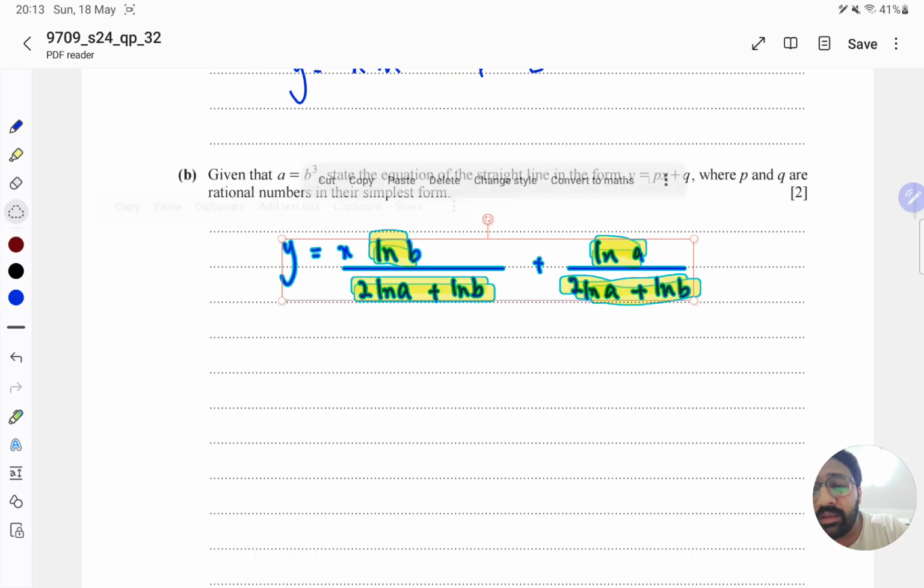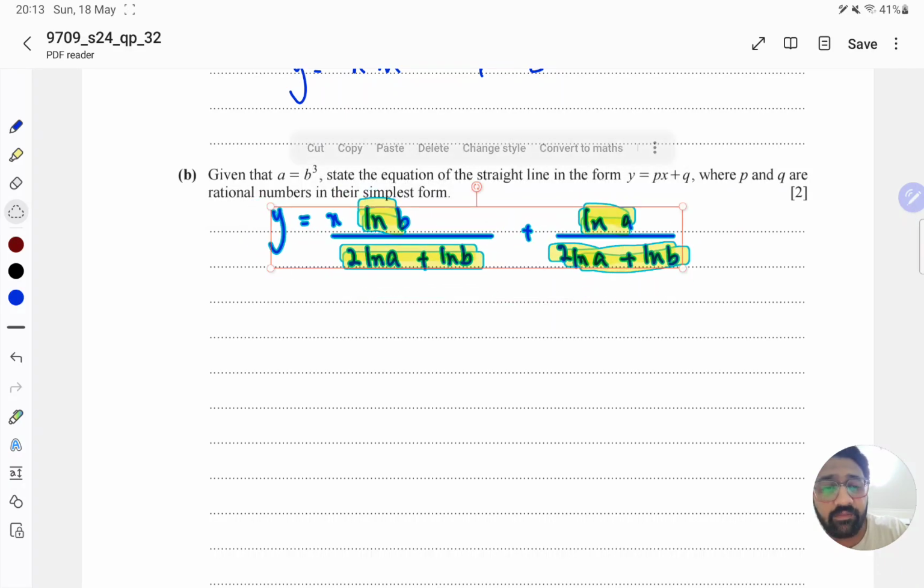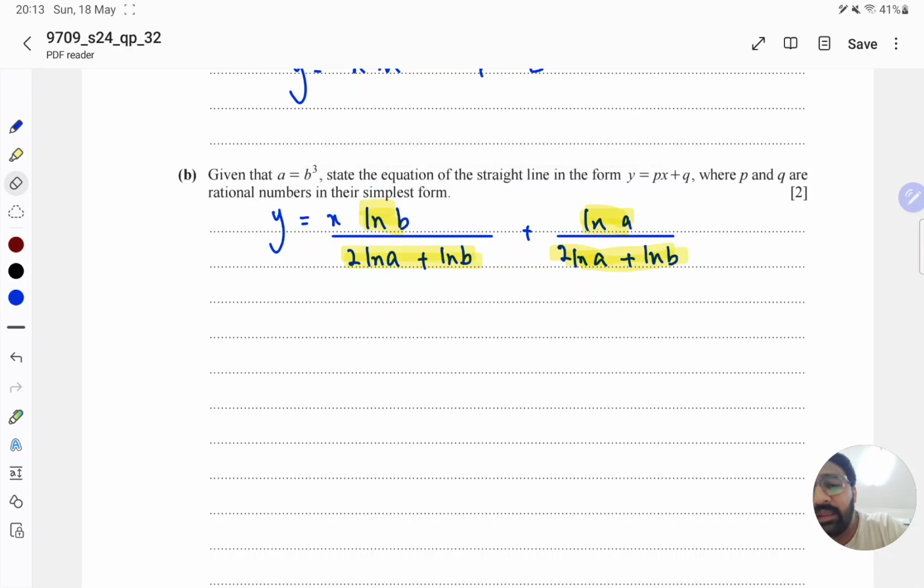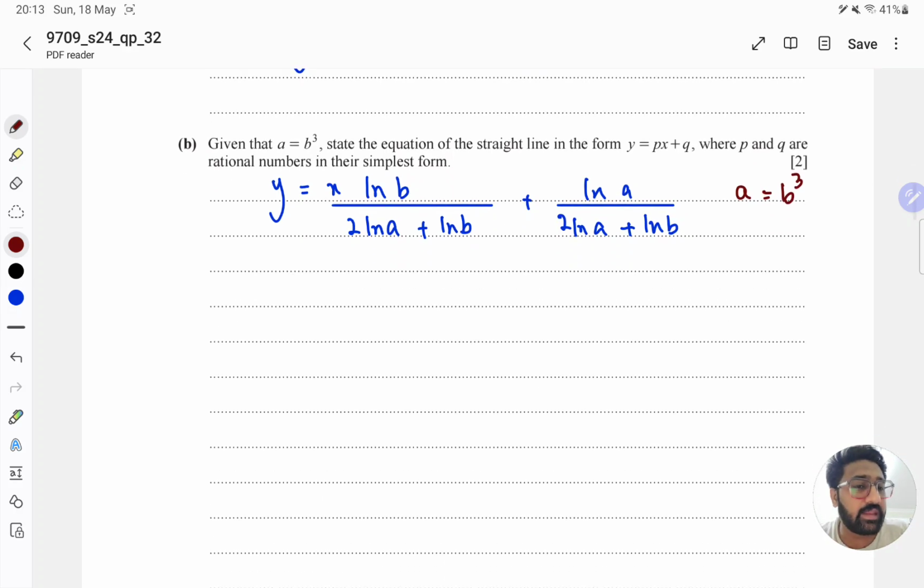But we know that a is equal to b cube, so wherever there is a, we'll substitute it with b cube.